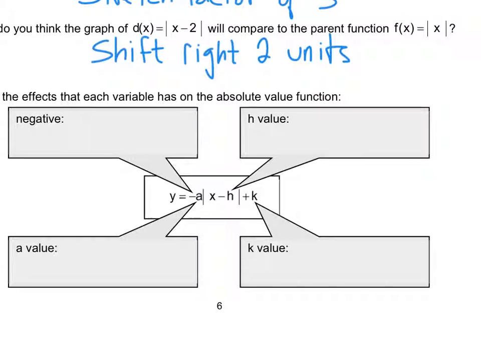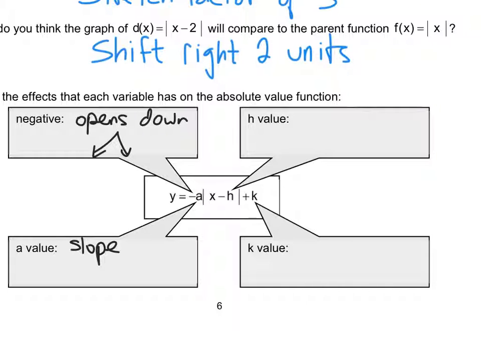All right, so this stuff you could label up on your own now, because I already just kind of stole my own thunder. I might as well do it, I guess. I'm right here. Negative, opens down. The A value is a slope.